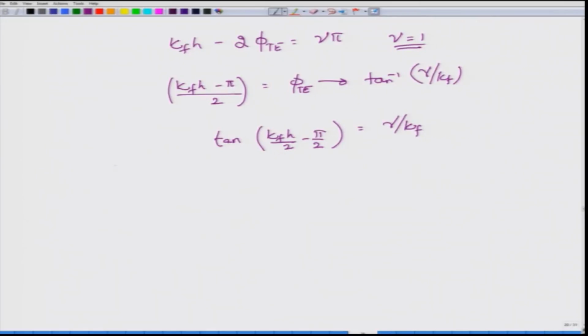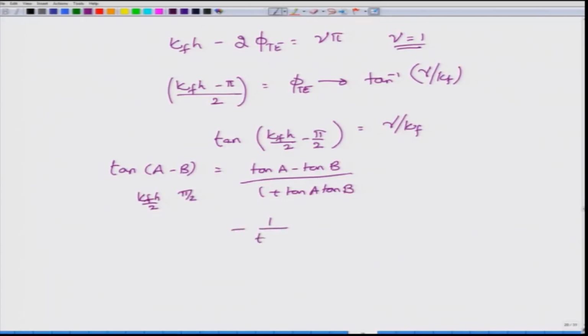If you do not remember, tan of a minus b is equal to tan a minus tan b divided by 1 plus tan a times tan b, with a equals kappa f h by 2 and b equals pi by 2. What you get here would be minus 1 by tan of kappa f h by 2, which would be equal to gamma by kappa f.